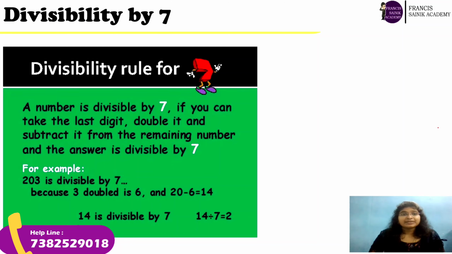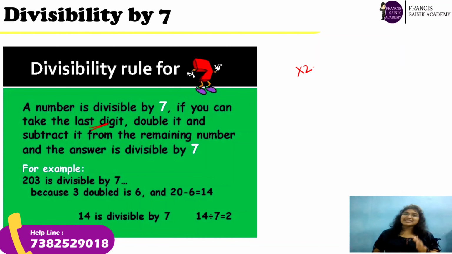Now, what is the divisibility rule for 7? Let us see. To see if a number is divisible by 7 or not, what should we do? We have to take the last digit first and double it. Double it means multiply by 2.